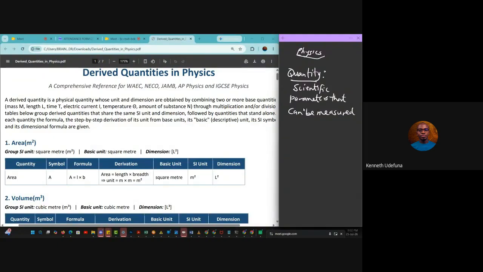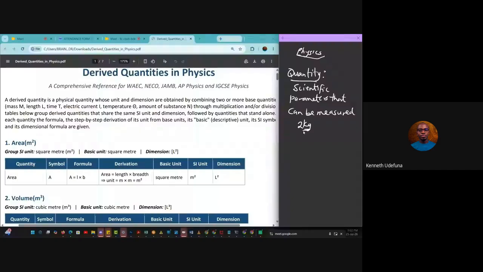In quantity now, remember that anytime you mention the word quantity, two things are involved. I said last time that it has to involve a number and SI units. We must have a numerical value, and we must have the SI unit. The essence of the SI unit is to tell you the quantity that has it.